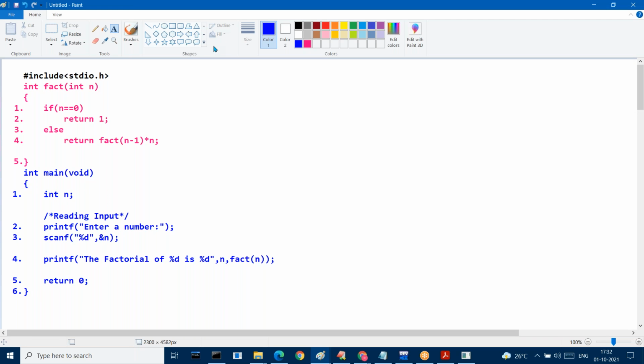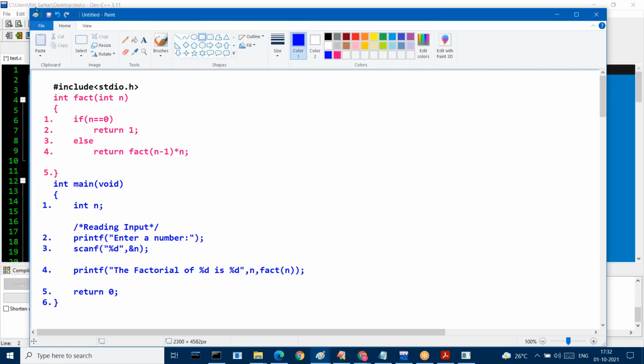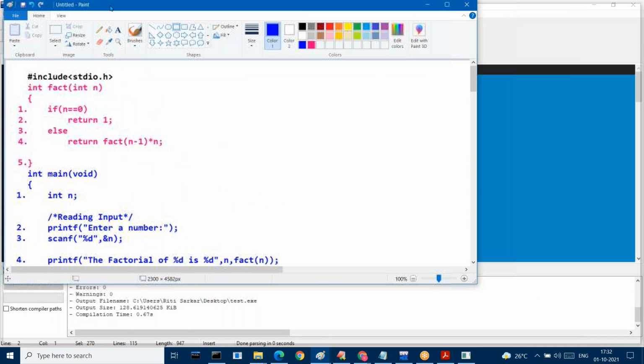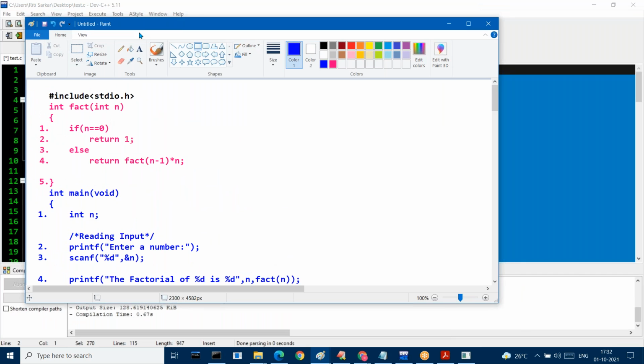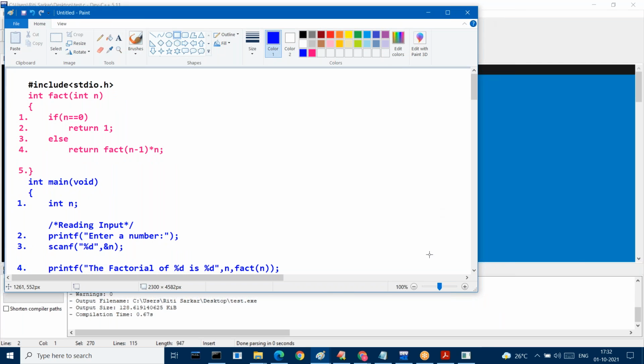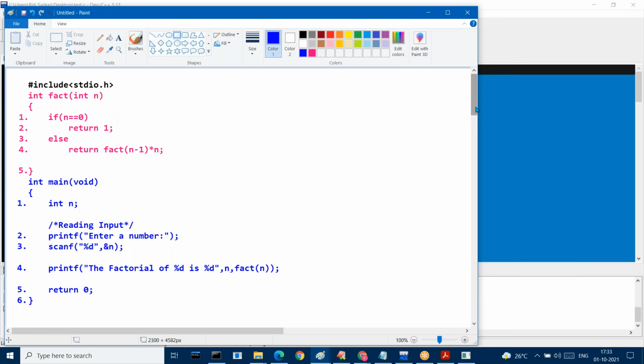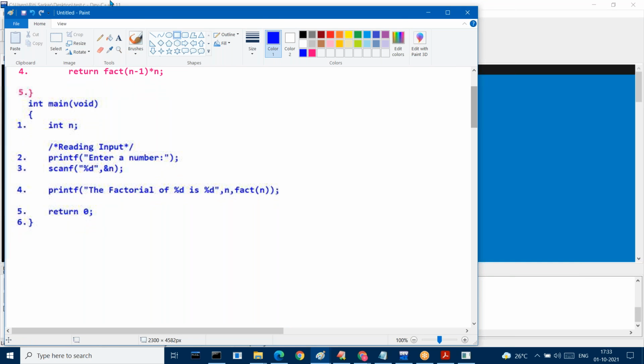Okay. Do you know who calls the main method? The operating system calls the main method. For execution of a function, the operating system provides a data structure.